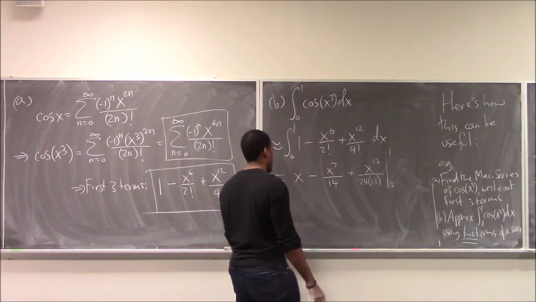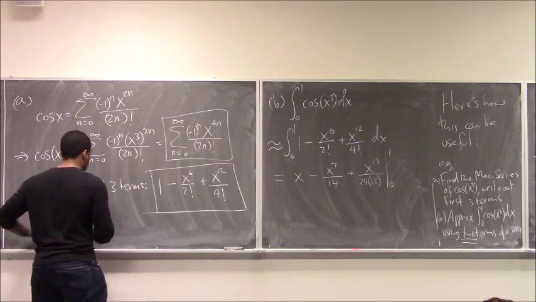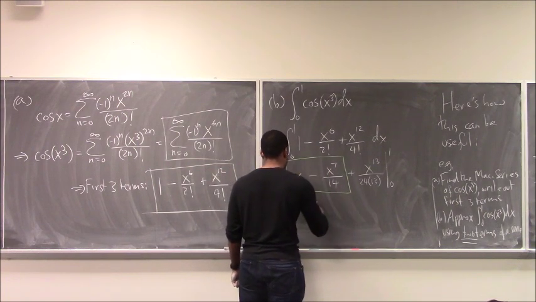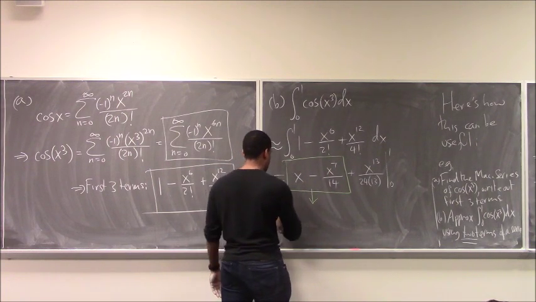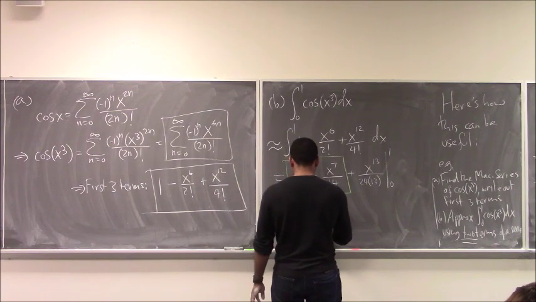Now, I was only told to do 2 terms, so I'm actually just going to focus on the first 2. So if I plug in 1, I get 1 minus 1 over 14.